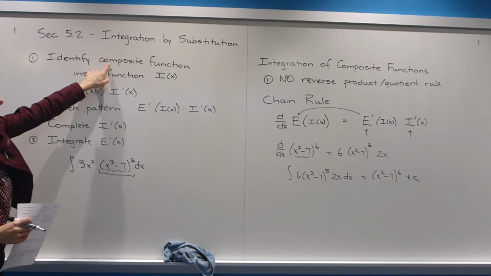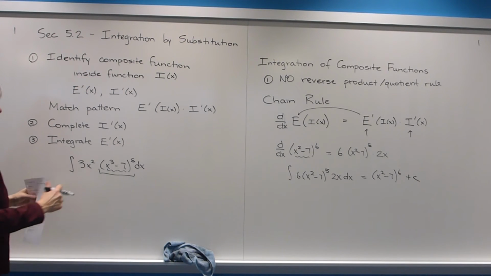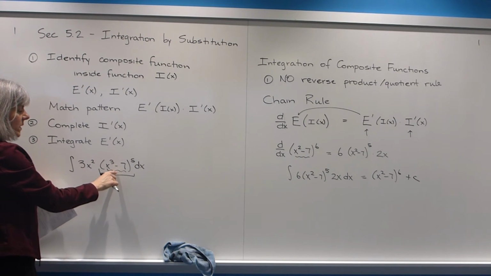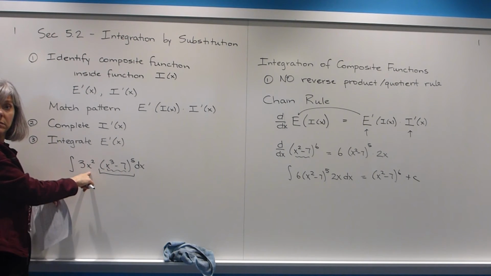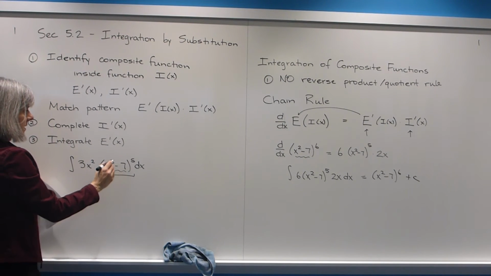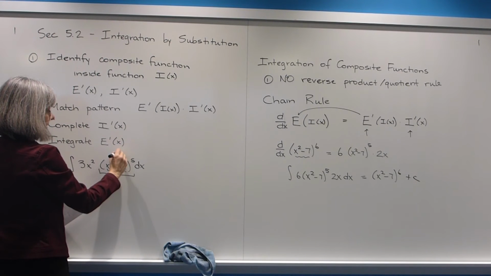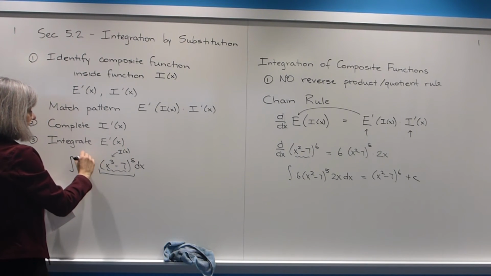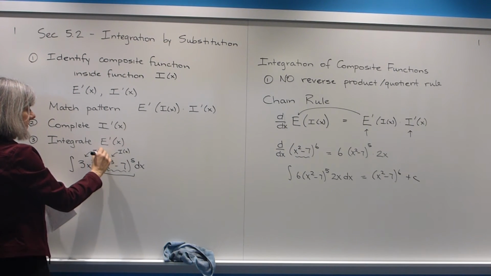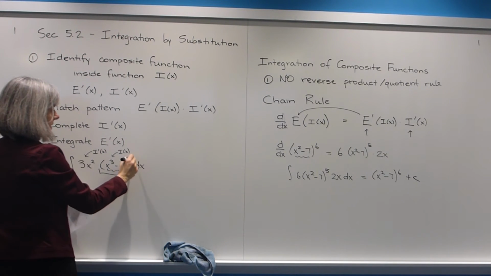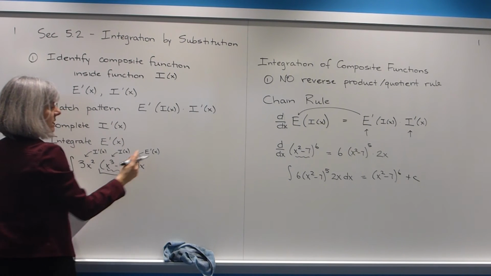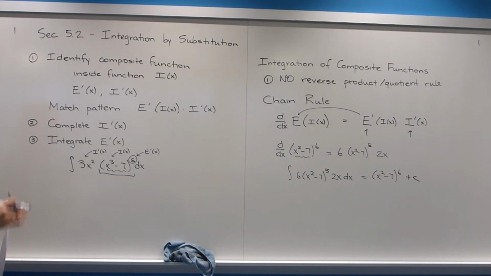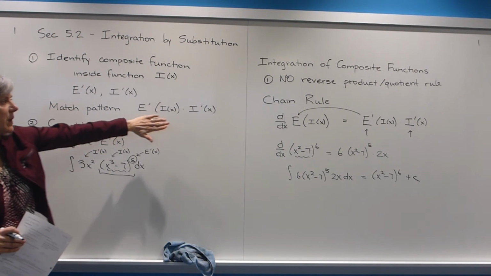So I have identified the composite function and the inside function. What is the derivative of this inside function? 3x squared. So this is my inside function, and this is the derivative of my inside function. And this piece right here is my e prime. So that means I have matched this pattern.